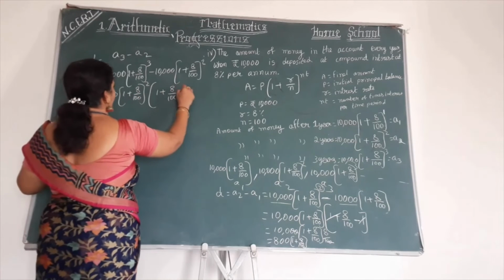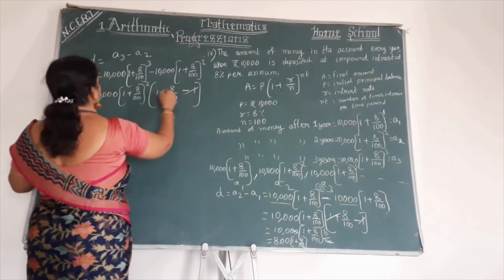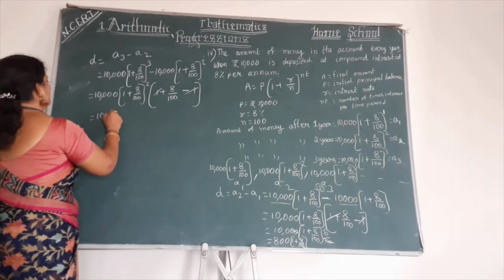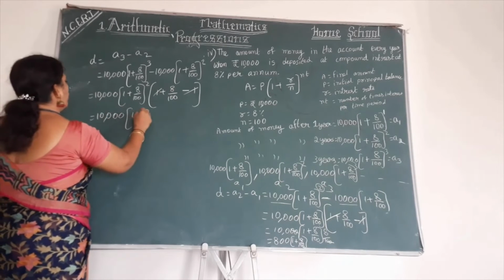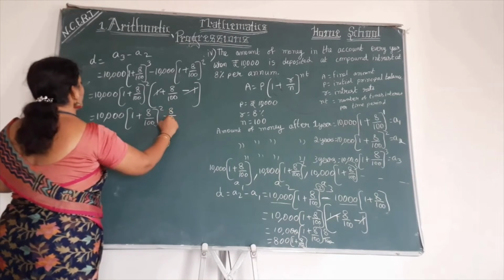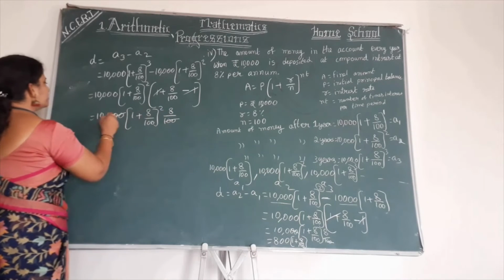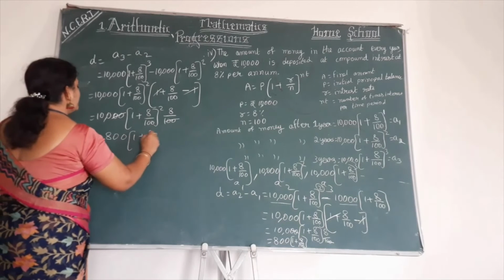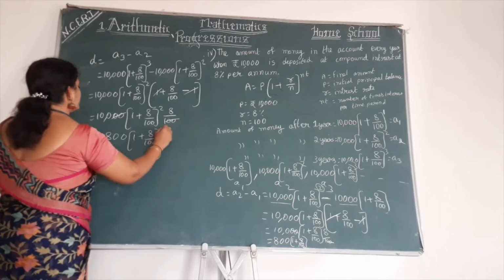So one set is left, minus 1. 1 cancels. Then again 10,000 into (1 plus 8 by 100) whole square into 8 by 100. Zeros cancel: 800 into (1 plus 8 by 100) whole square.